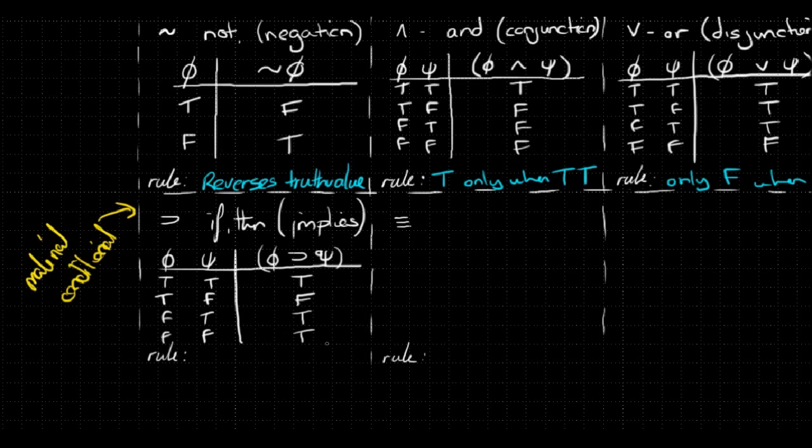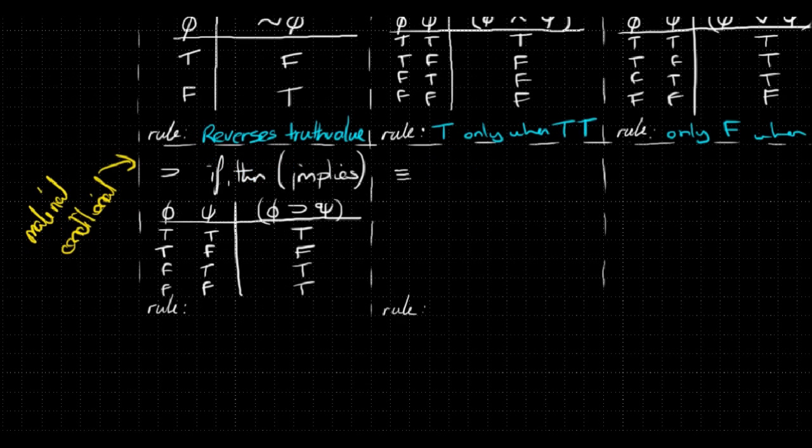We're stating its meaning within our language. So it may not line up exactly with English, but it certainly is very useful in PL, as we'll see later on. So the rule for this, well, again, let's pick out the one that's different, and we can say only false when true, false, as in when the antecedent of this conditional is true and the consequent is false.